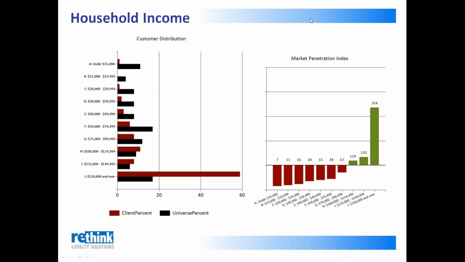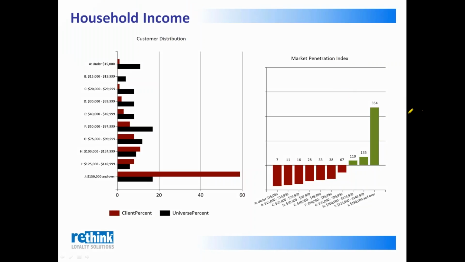Looking at household income, you have this little bell-shaped curve going on here from about half at 150,000 up, and then fully 2/3 of the customers are at the highest income level of 150,000. Part of that is just the nature of that community.